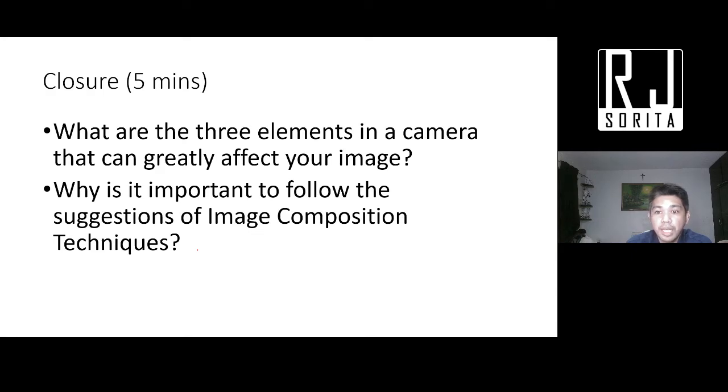Okay, so let's wrap everything up. I want you to tell me what are the three elements in our cameras that can greatly affect your image. You remember the thing we talked about, how the camera works.